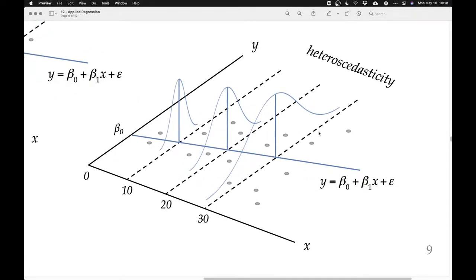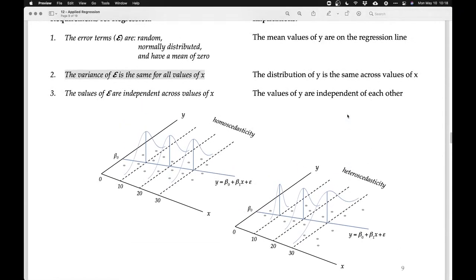But in this picture here, as x increases, the dispersion of the residuals also increases. It changes by the values of x. Now, you can still run the regression, you're going to get results, but all those standard errors, t-values, p-values, they will not be correct. All right?